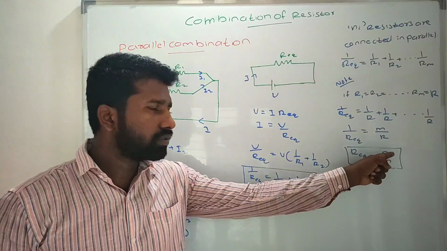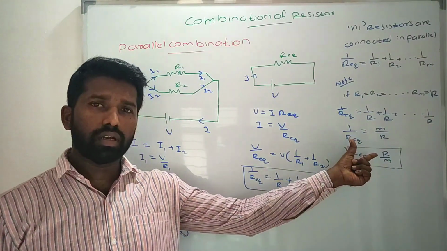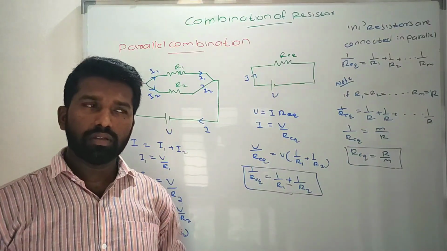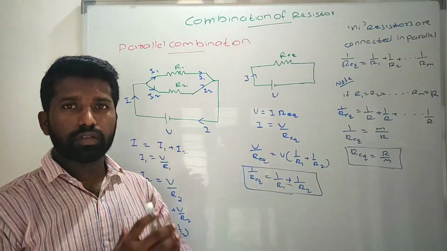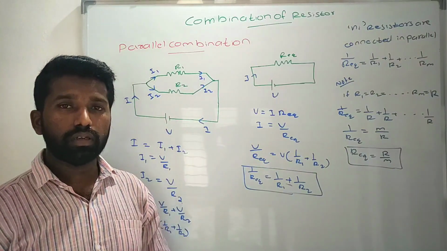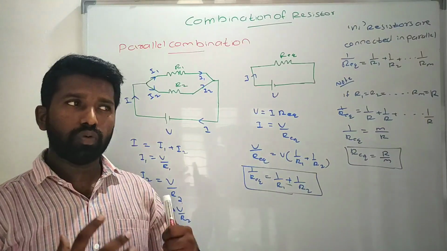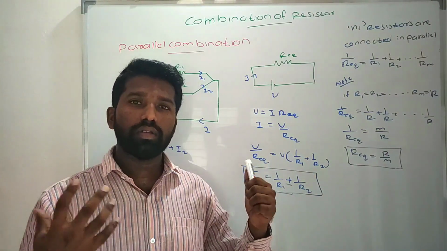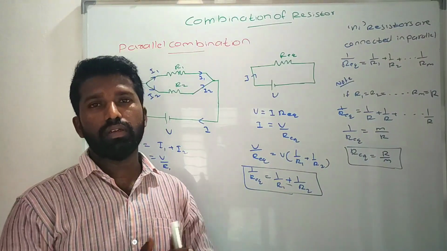From this you can see that the resistance is divided by the number of resistors. If the resistors are connected in parallel, the net resistance value decreases. If the resistors are connected in series, the resistance value increases. Clear? So if you need a large resistance, you can combine more resistors in series.